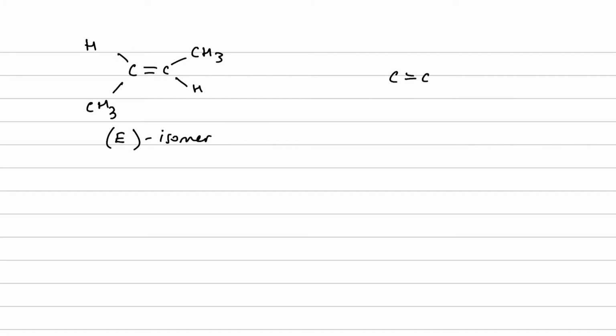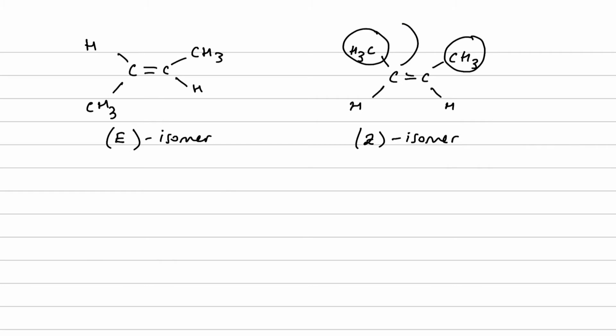My Z isomer, of course, has got my two R groups, in this case just methyl groups, on the same side of the double bond. So that is my Z isomer. These groups are actually quite bulky, and they tend to cause a little friction between each other when they are in close proximity. So that makes the molecule a little less stable. This is known as steric hindrance in posh language.